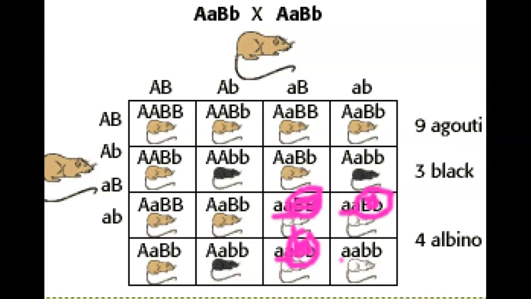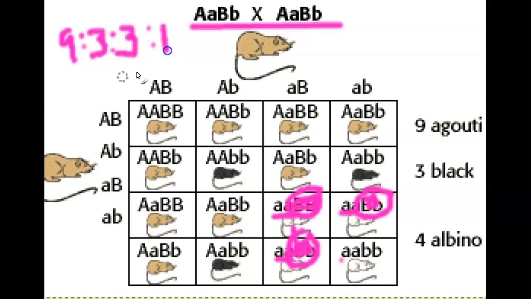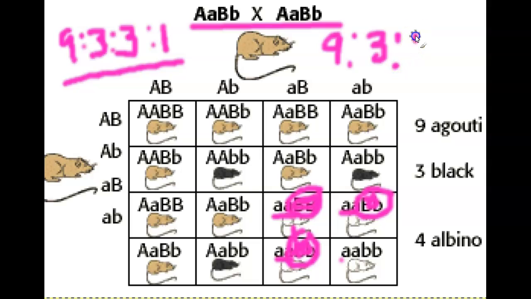So that changes the 9 to 3 to 3 to 1 to a 9 to 3 to 4. So that's your clue that this is epistasis. Both parents are heterozygous. You would expect a 9 to 3 to 3 to 1 ratio if we have complete dominance, but instead we get a 9 to 3 to 4. Notice in both cases they equal 16.